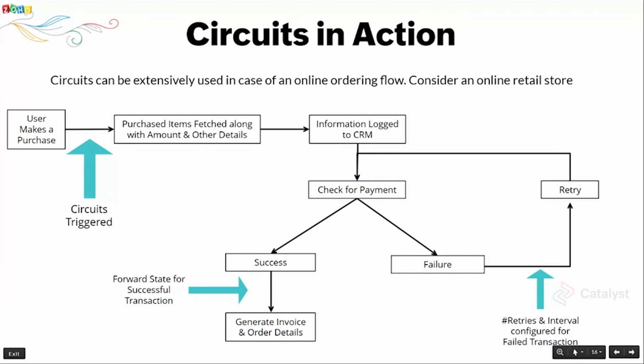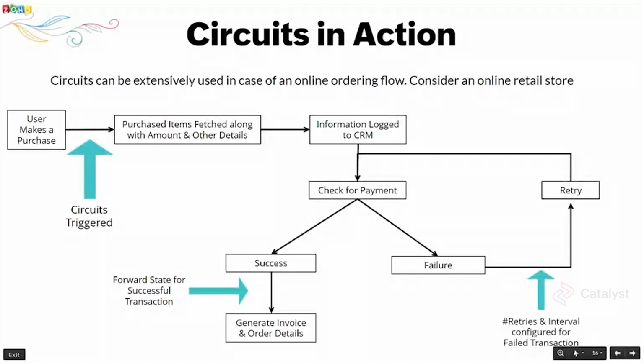If you have circuits embedded into your application, it would help you in defining that retry mechanism and retry logic, which essentially says how many retries you can make for the same payment method. If you need to do a retry, post say 3 retries you want the user to switch to a different payment method, and so on and so forth. So circuits will essentially help you in the entire orchestration and automation of workflows. This particular buy flow being one case in point.